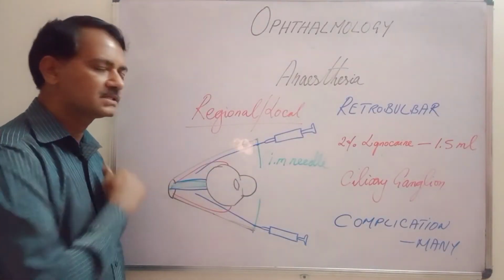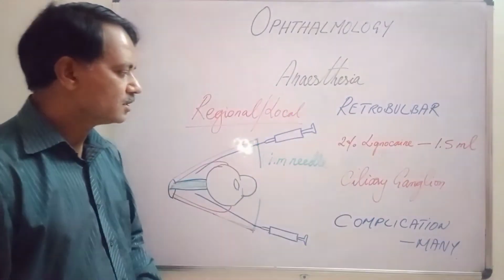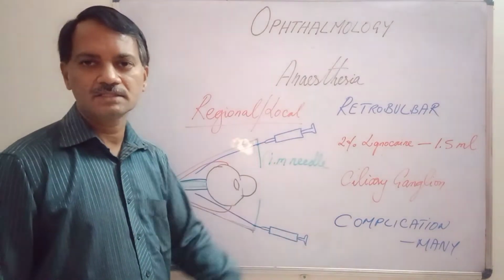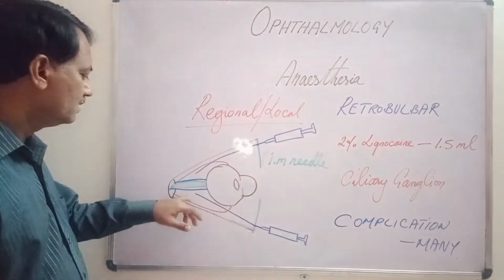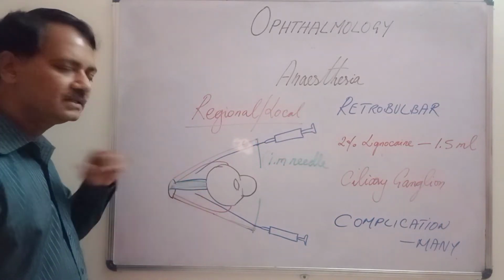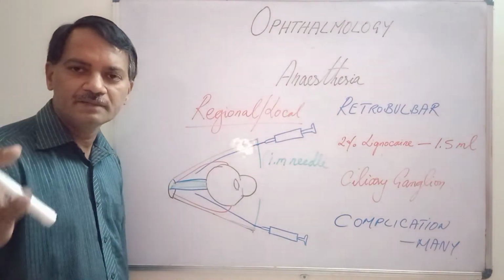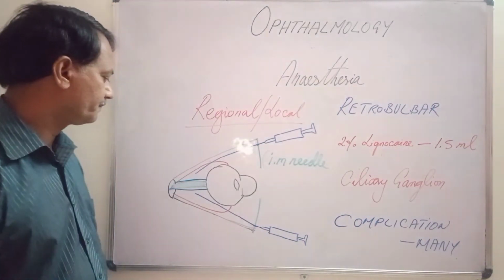But nowadays this anesthesia is not practiced because of so many complications. What are the complications? When you are giving the drug close to the optic nerve, the needle may prick the optic nerve. The patient may go blind because of the damage to the optic nerve.